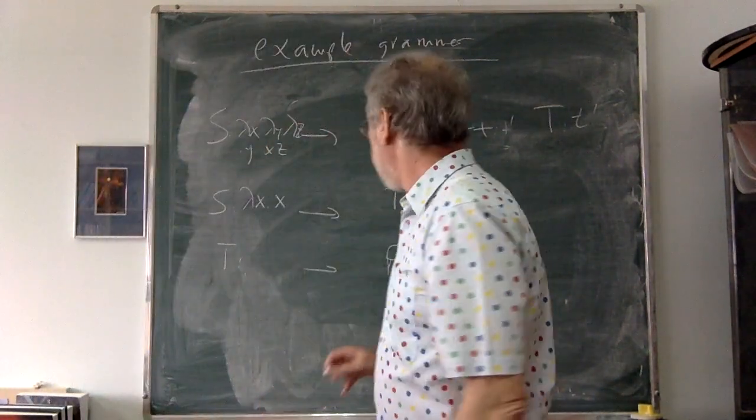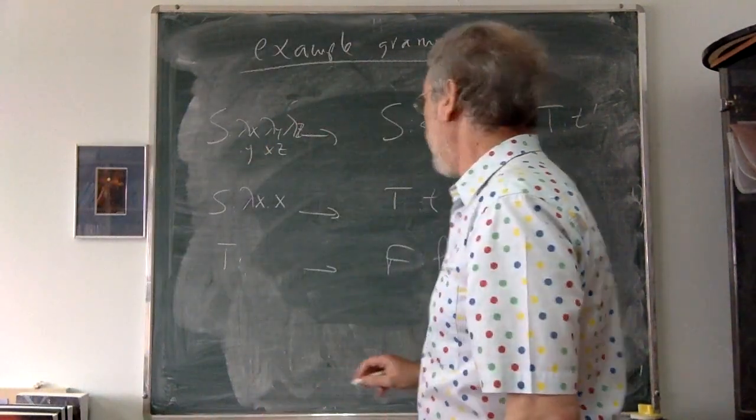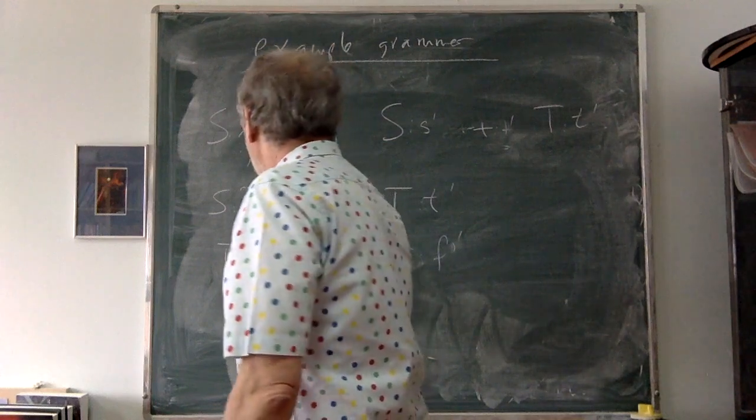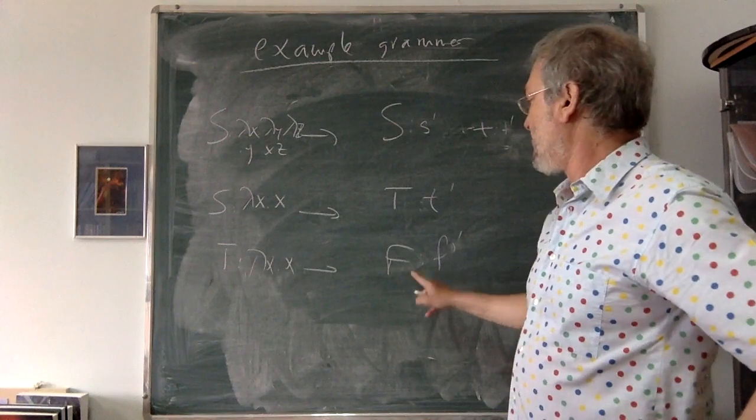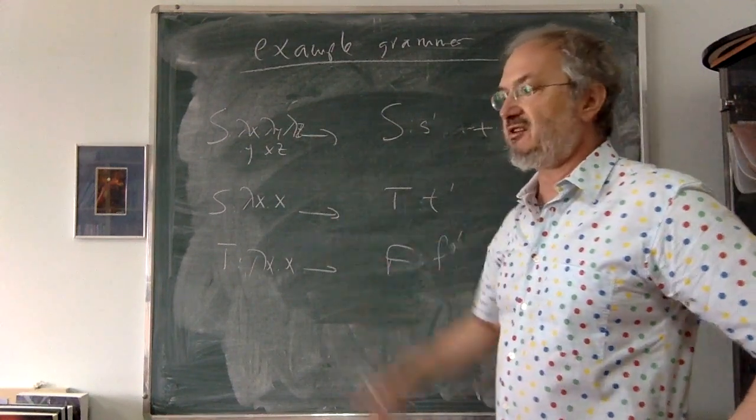And F is, let's say, the meaning of this, F prime. This will say lambda x val, because after all this is not combining with anything, so I'm just projecting the value.